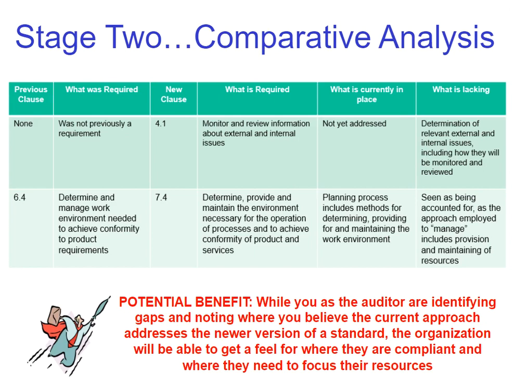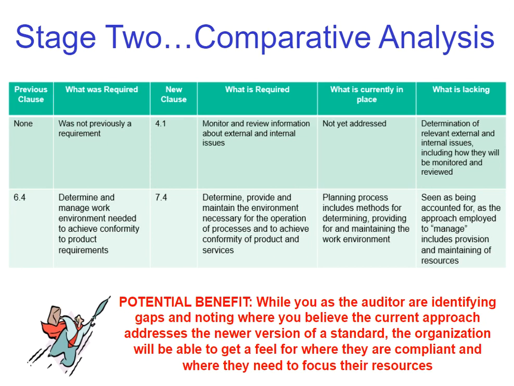So 9001-2008 in 6.4 said, determine and manage work environment needed to achieve conformity to product requirements. That requirement in ISO 9001-2015, 7.4, is very similar, but it does have some minor adjustments. If you look, it says determine, provide, and maintain, whereas before in 9001-2008, it said determine and manage.